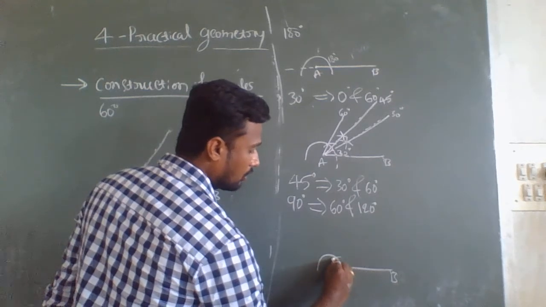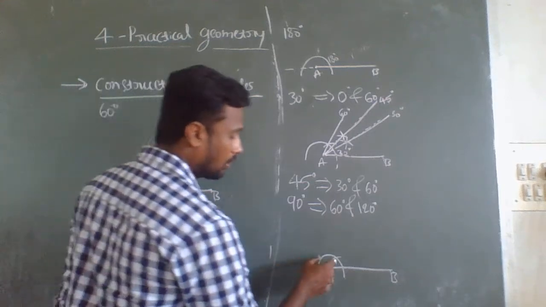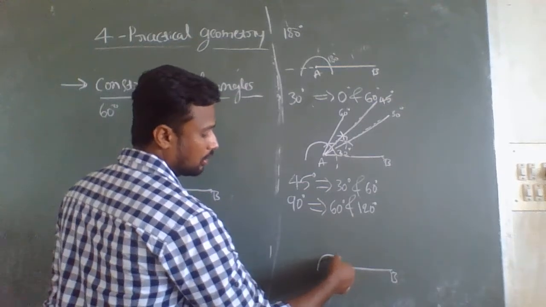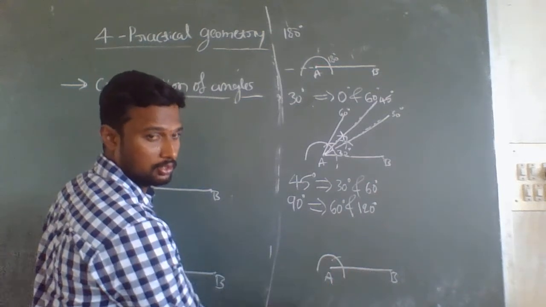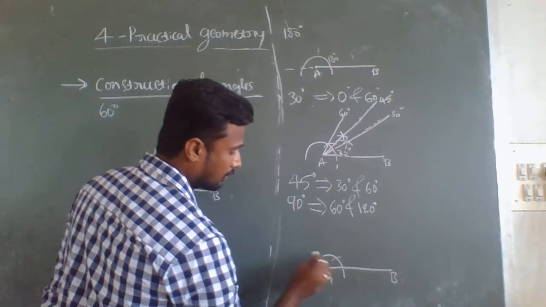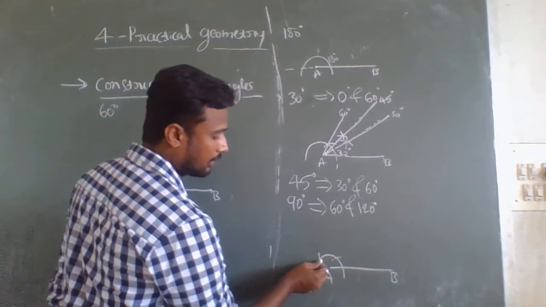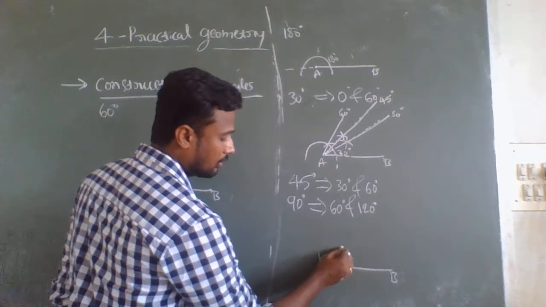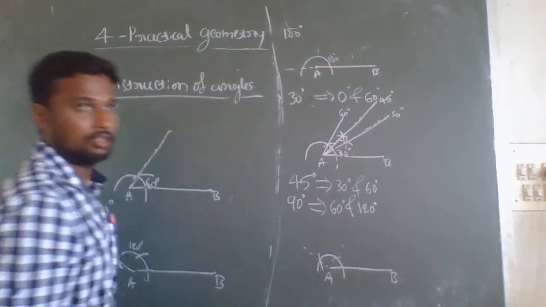So here I will get 60 degree. Again I will draw an arc by keeping the compass on this intersected point. So if we draw like this, I will get intersection here. Means here it is 60 degree and here it is 120 degree.